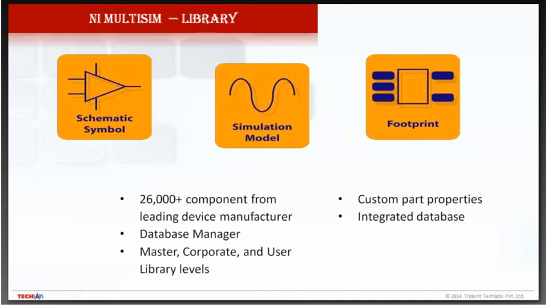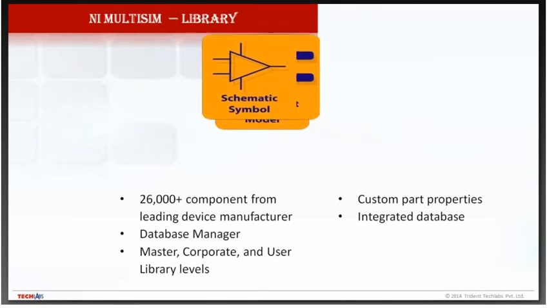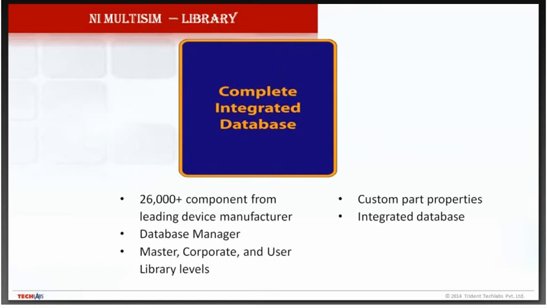It has the schematic symbol in its library model, as well as the simulation model. It also includes the footprint, which makes it a complete integrated database in the Multisim library models.